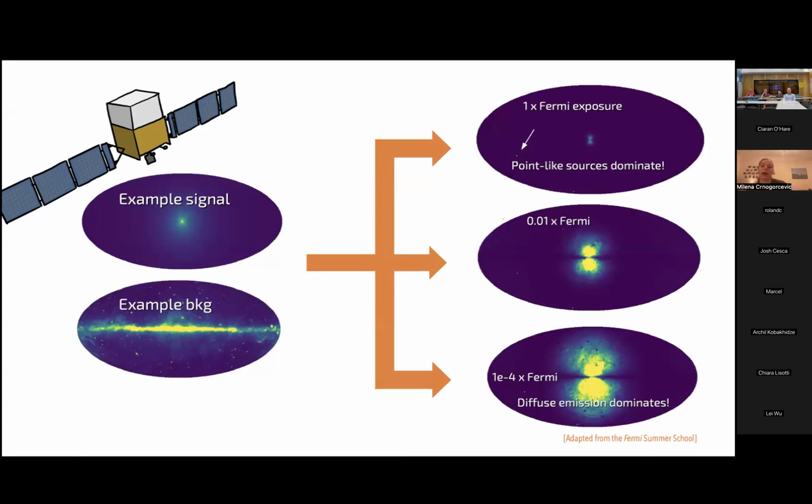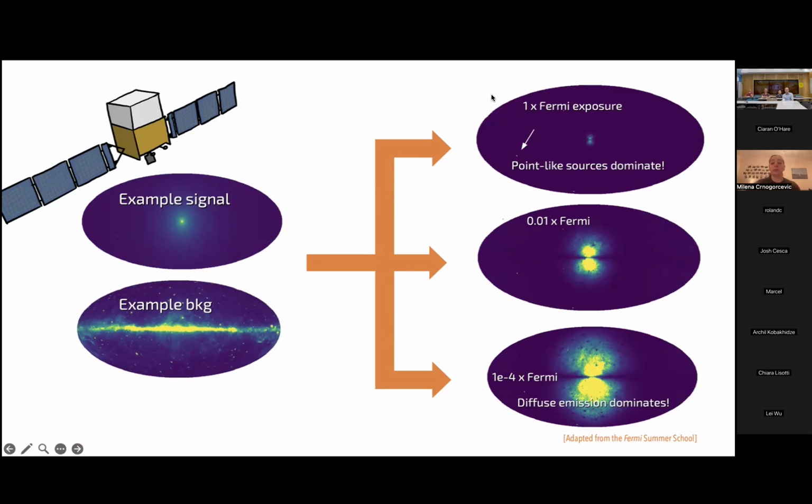When we look at the Fermi data, this is what it kind of looks like. On the left, I show an example signal. This is an NFW dark matter annihilation signal, and an example background. And as is the case with most astronomical observations, there's a part of art that comes in, a little bit of an artistic decision as to how much of the observation you need with Fermi.